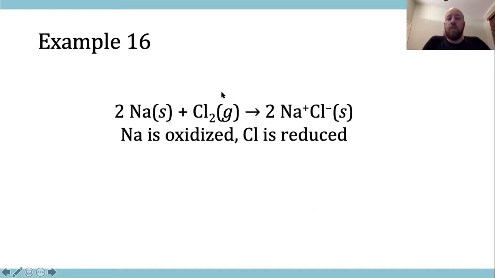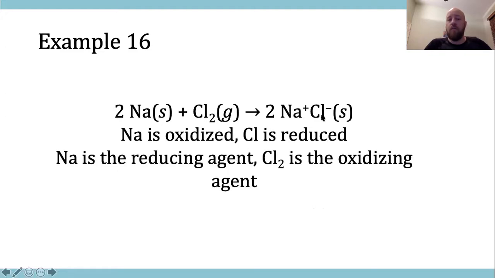So let's look at this one. Sodium and chlorine are both 0 to start with. Sodium is losing an electron, undergoing oxidation. Chlorine is gaining an electron, undergoing reduction. So sodium is the reducing agent. Chlorine is the oxidizing agent.